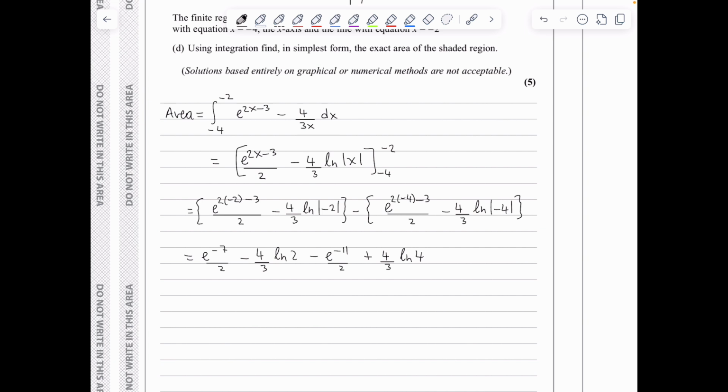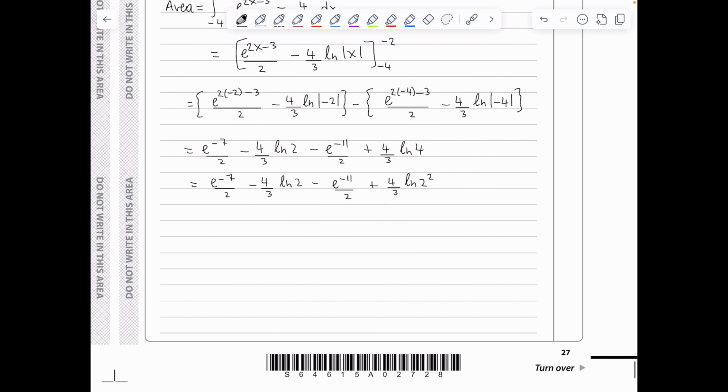So what I can do is play a bit around with ln 4 to combine it with ln 2 here. So we've got e to the minus 7 over 2 minus 4 over 3 ln 2 minus e to the minus 11 over 2 plus 4 over 3, and 4 is simply 2 squared, so that the 2 can come down, leading to e to the minus 7 over 2 minus 4 over 3 ln 2 minus e to the minus 11 over 2 plus 8 over 3 ln 2.